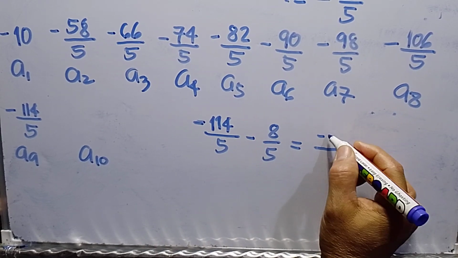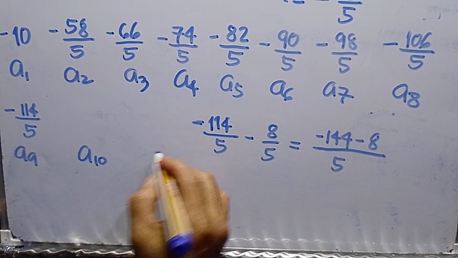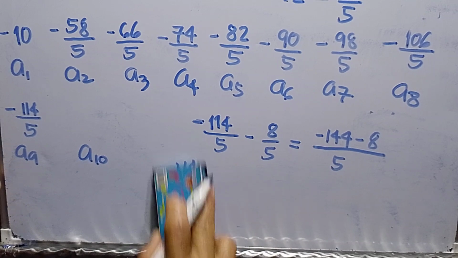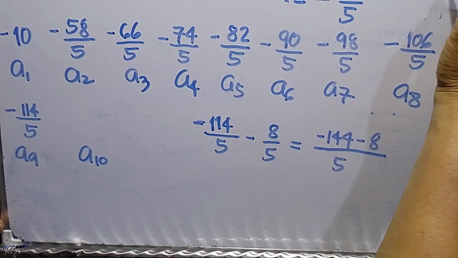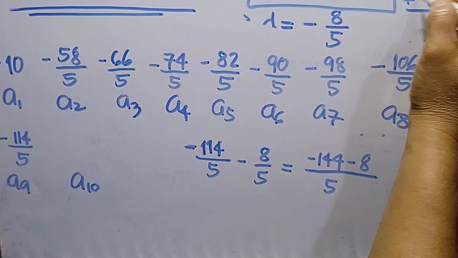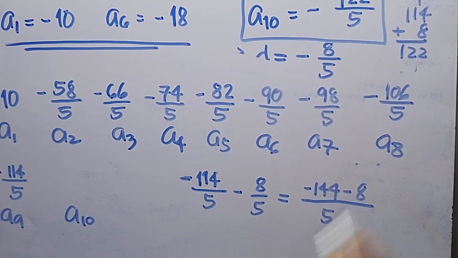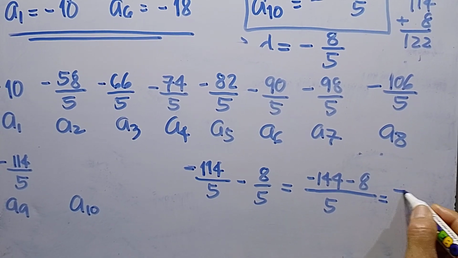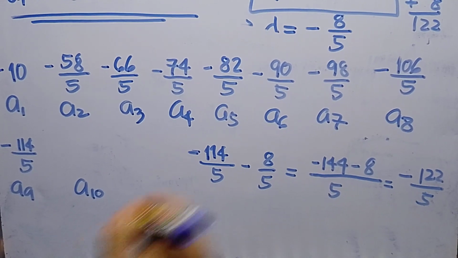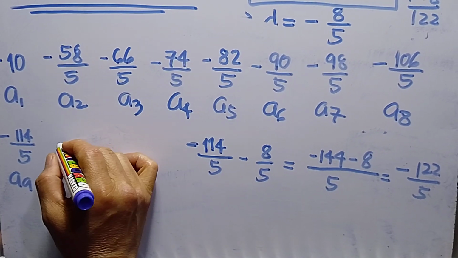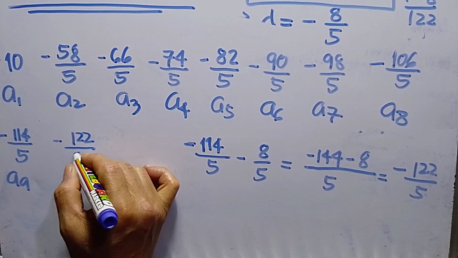And then copy this one, negative 114, and then negative 8. So 114 plus 8, this is 12. Carry 1, 2. Then 1. So this is negative 122 over 5. So we come up with the correct answer.